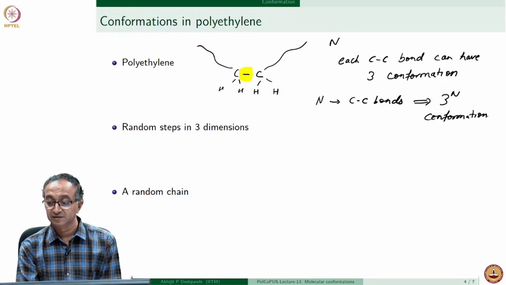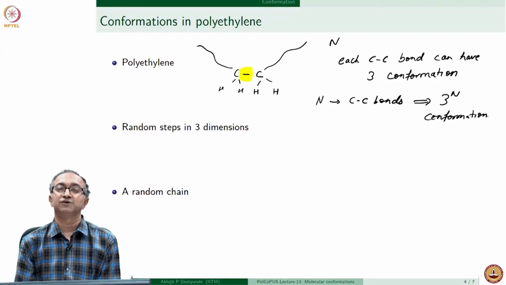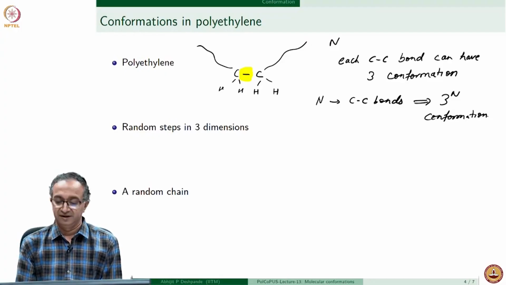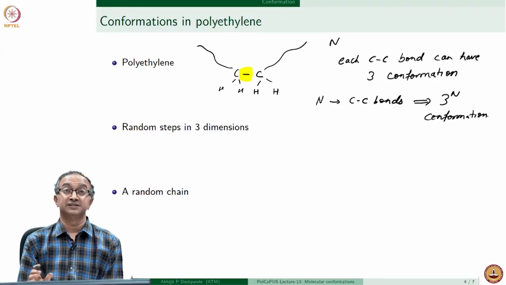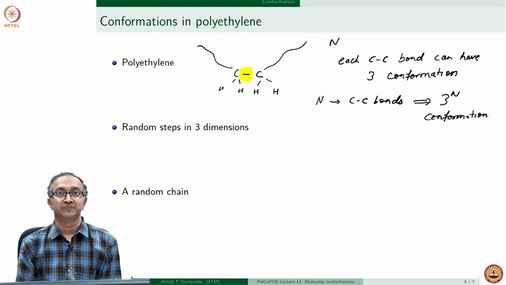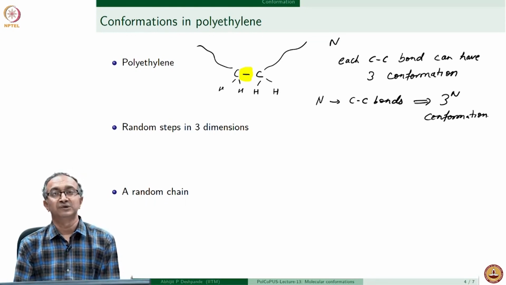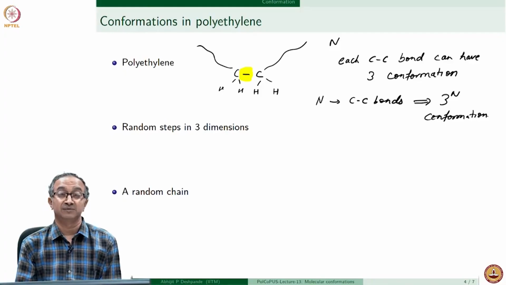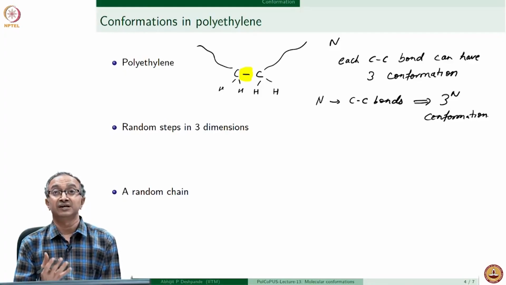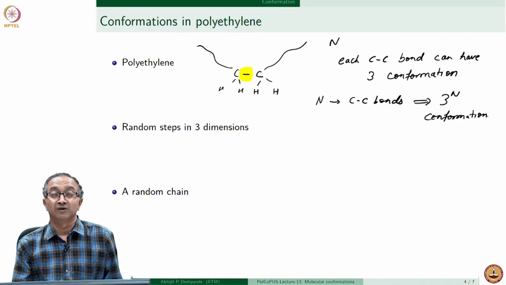Now just think what capital N is for polymer, and you will realize how large this 3 to the power N number is. So a single macromolecule, when conformational changes are possible, is an extremely dynamic object where all the different conformations can take place.